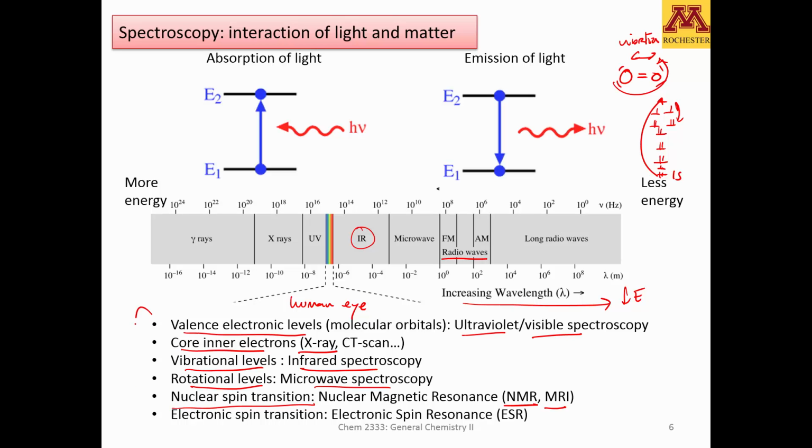So there is a wide range of spectroscopies, a wide range of energies of photons that excite different energy levels of molecules. And that's something important to keep in mind, because what we call light is not necessarily the small range that the human eye is sensitive to. Everything is light, and it actually interacts with matter at different energy levels.